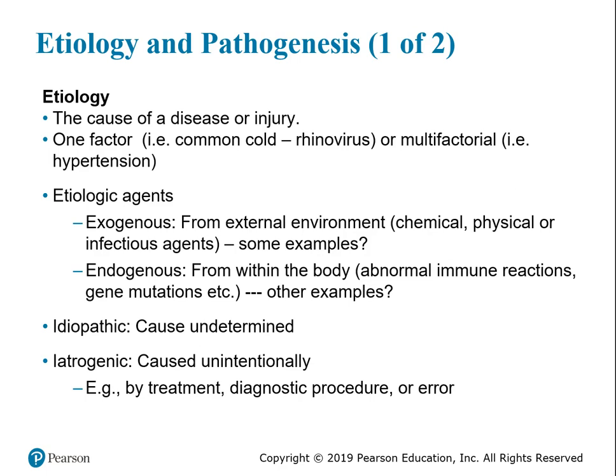If we talk about endogenous, we're talking about agents that are from within the body. So in terms of some examples, abnormal immune reactions, gene mutations, and I'm sure we probably can think of some other ones as well. So maybe take a second to think about some other endogenous types of etiologic agents that exist.